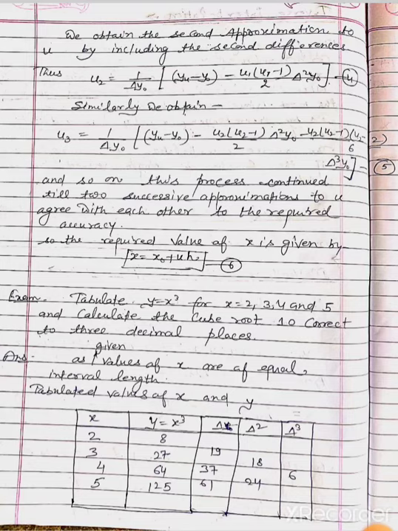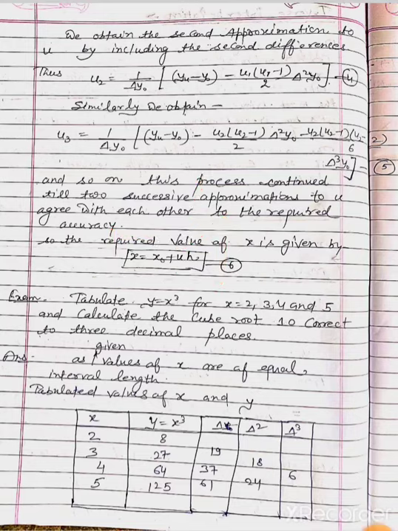After obtaining the value of u, the required value of x is given by equation 6: x equals x0 plus uh. So substituting the obtained value of u in this formula, we obtain the required value of x.